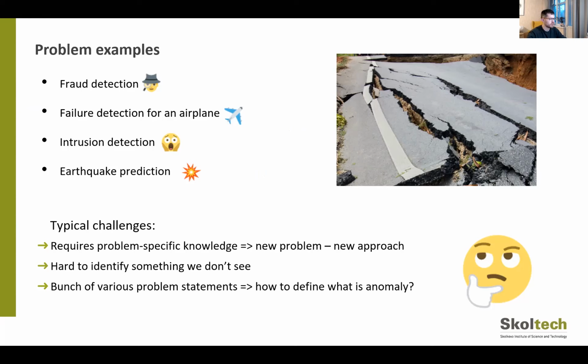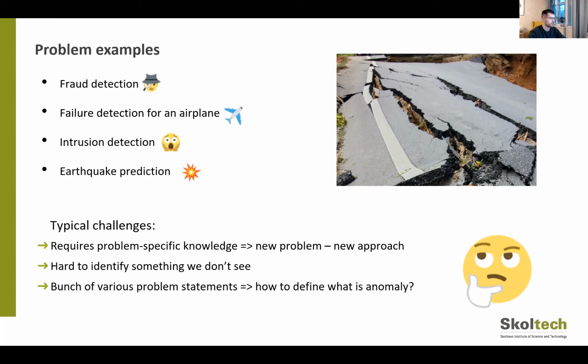I can say that we have typical challenges for all these problems. The first challenge is that usually we need much knowledge related to this particular problem, because we have very few labeled examples, and so to identify the right features is very hard.